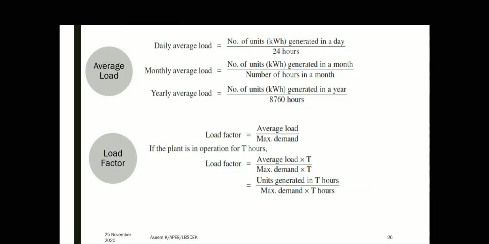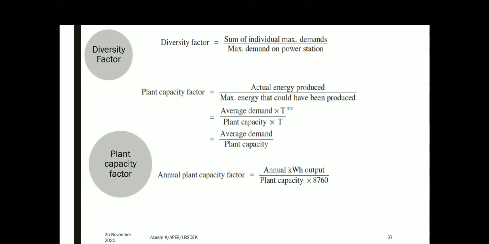The load factor you can also write as average load by maximum demand, or units generated in particular hours to the maximum demand into time.